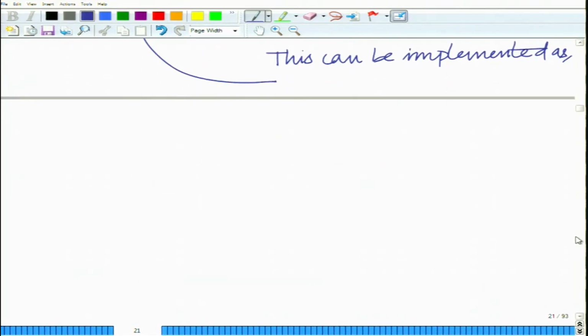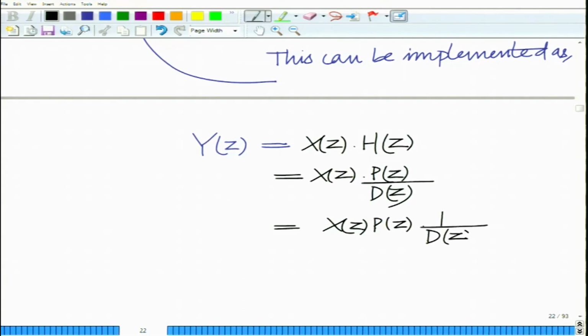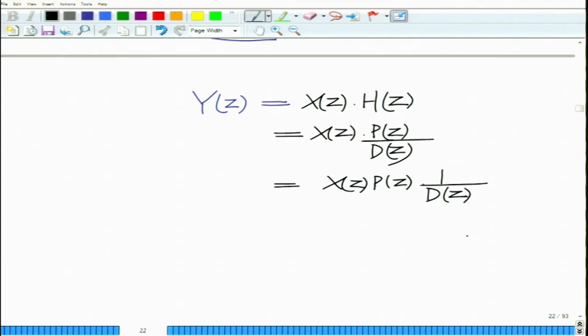I can write this Y(z) equals X(z) into H(z), which is X(z) into P(z) divided by D(z), and this is X(z) into P(z) into 1 divided by D(z). So, I can implement this as a cascade of two systems.